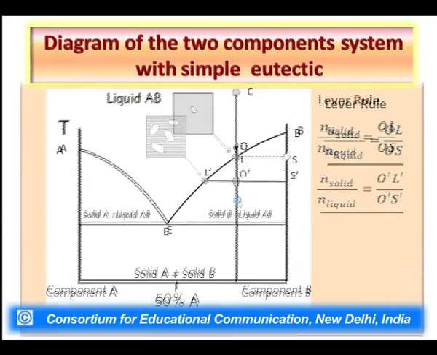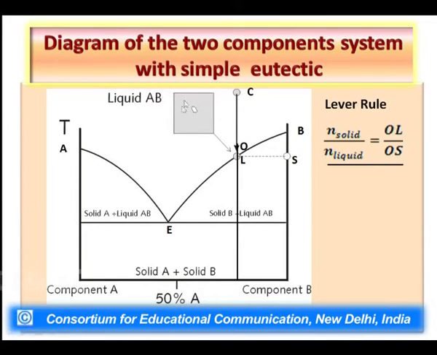More importantly, I would also like you to appreciate the picture that I have shown over here. This square box, which is grey in color, represents the overall state point of the system.